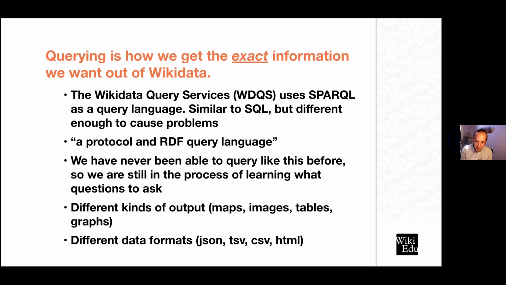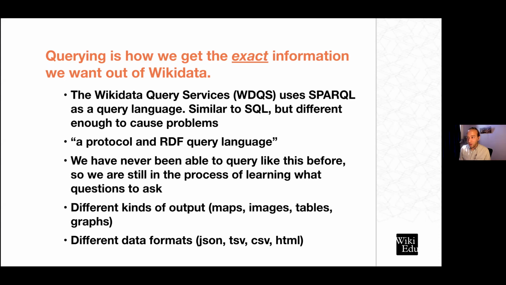SPARQL is a protocol, an RDF query language. If you don't know what that means, that's quite all right. It just means that it can sift through a lot of linked data very quickly and return results that you want. We've never had this level of structured data at our fingertips before, so a lot of us are still trying to understand what questions to ask, which is where your research might come into things.